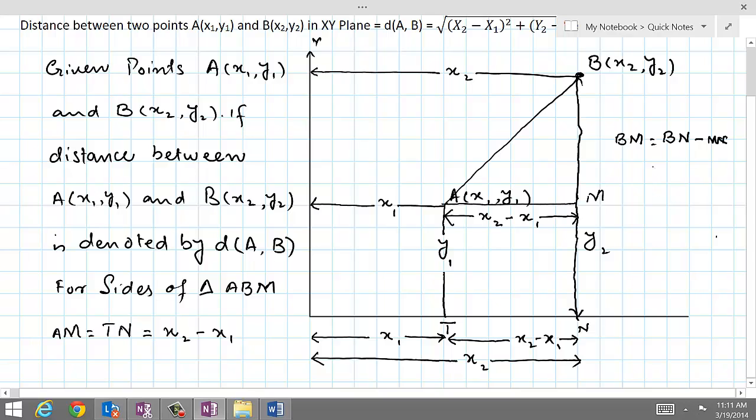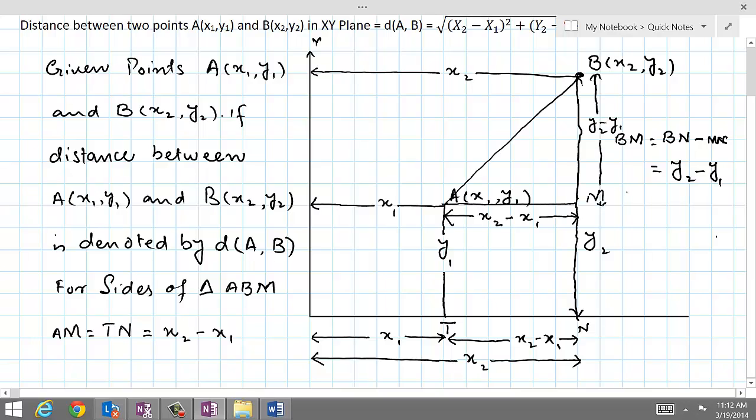Now BN is equal to y2, so this is y2 minus y1. Therefore this side of the triangle has length y2 minus y1.